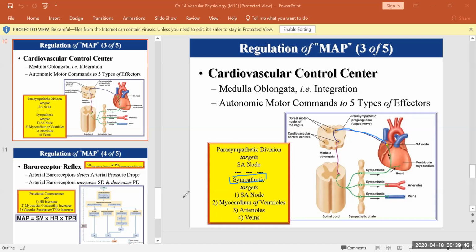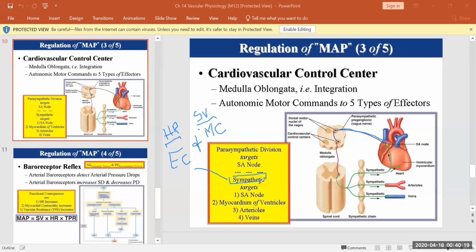And that sympathetic affects both the electrical component of the heart and the mechanical component of the heart. The electrical component, we express that as HR. And the mechanical component, we express that as SV, stroke volume, okay?